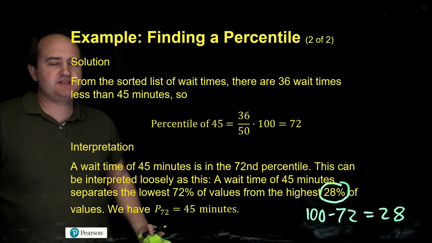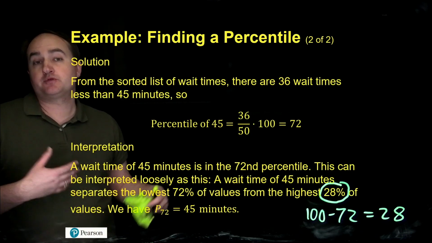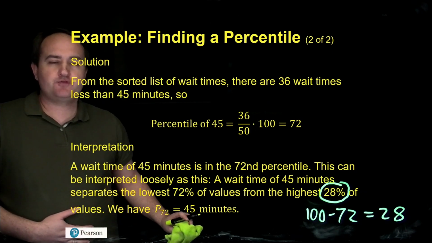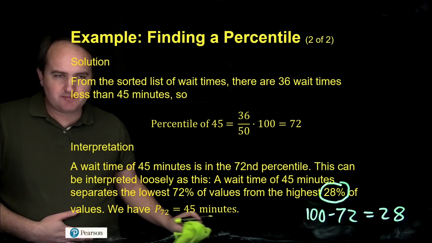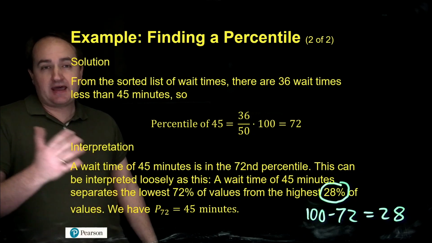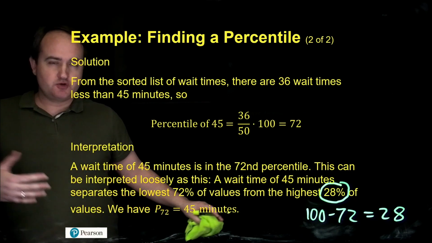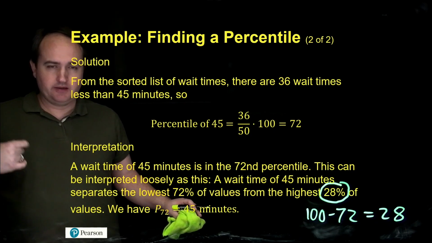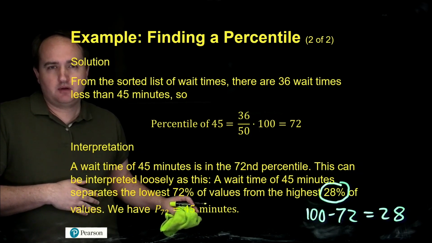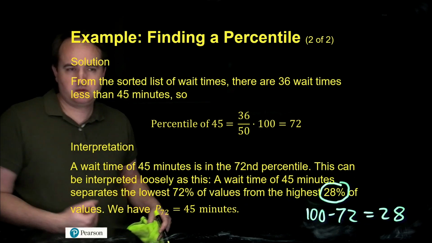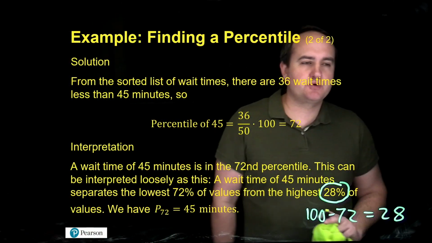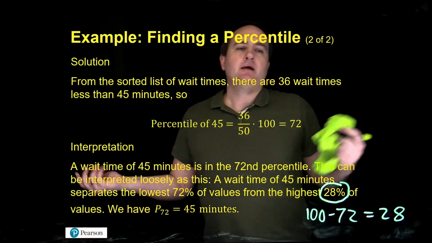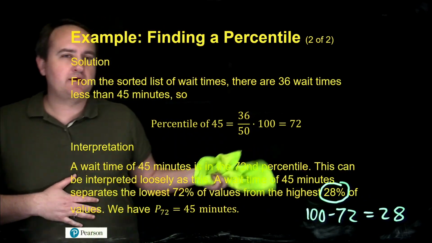So P72 in this particular example is 45 minutes. It just means that if you have a wait time of 45 minutes, out of our data set, 72% of those people who waited at Disney World had a wait time that was less than yours, and about 28% had a wait time that was greater than or equal to yours.